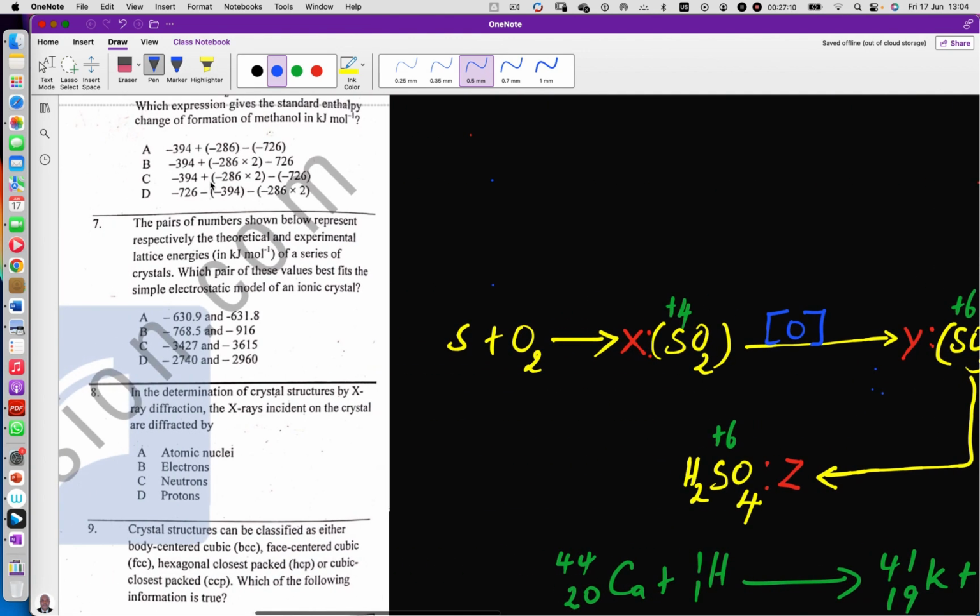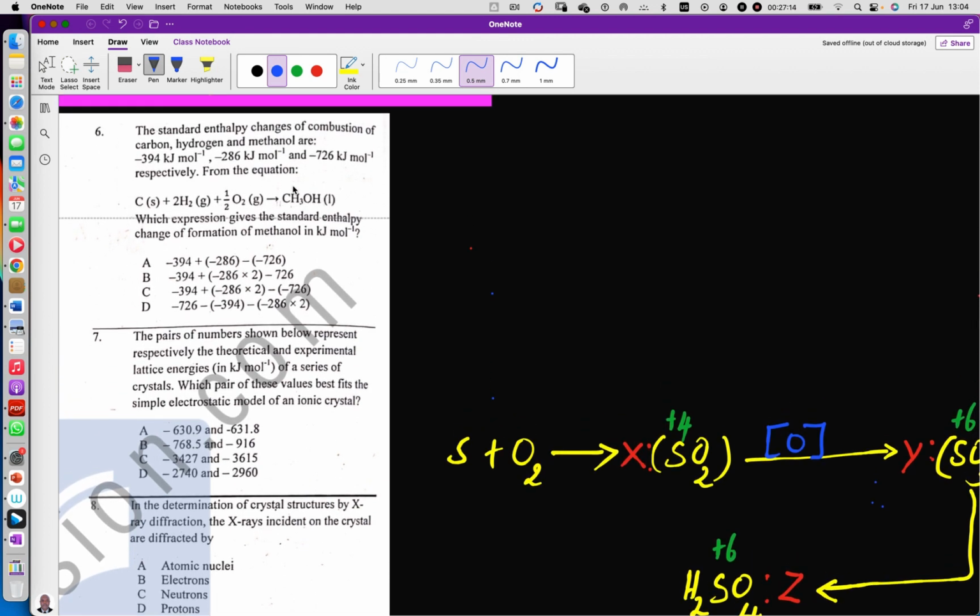So if you look rightly, our answer for question number 6 is C.